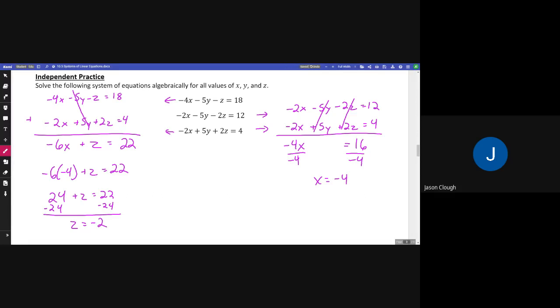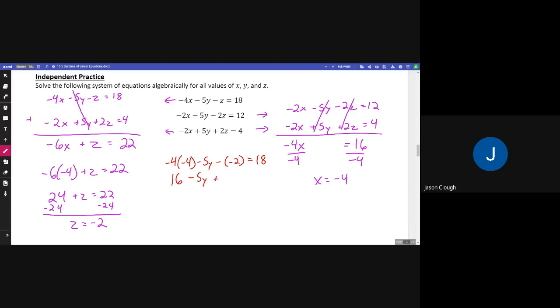So in order to figure out my final term, I take one of the equations. At this point, it really doesn't matter which one. 4 times x minus 5y minus z equals 18. Negative 4 times negative 4 is positive 16.